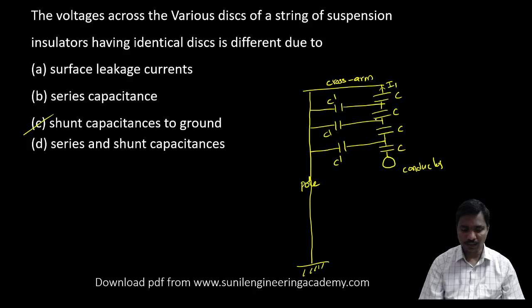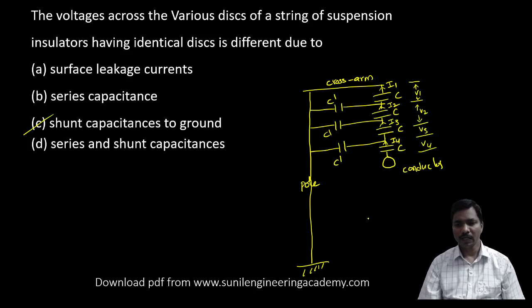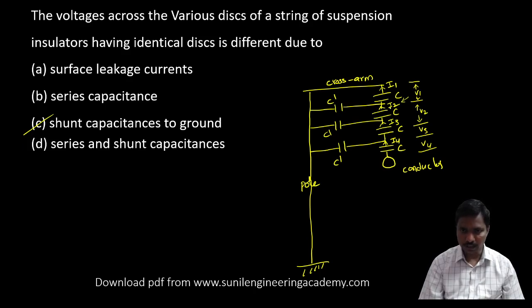From this we can describe the current distribution. Let the currents be I1, I2, I3, I4, and the voltage across the first disc be V1, then V2, V3, V4. Now coming to the first one, if you concentrate on this point and apply KCL, I2 is equal to I1 plus some amount of current flowing through the shunt capacitance, let us take it as I1 dash.